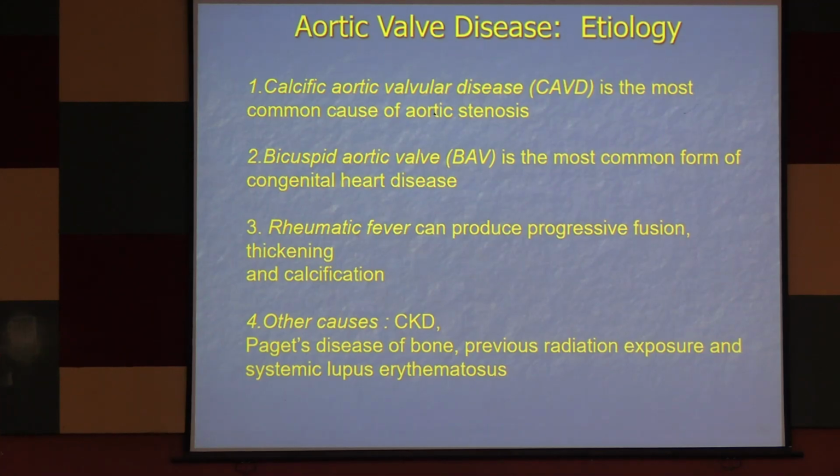The risk factors hypertension, chronic kidney disease, diabetes mellitus, dyslipidemia. These risk factors are responsible for the terminology aortic valve stenosis at risk or high risk for aortic valve stenosis.